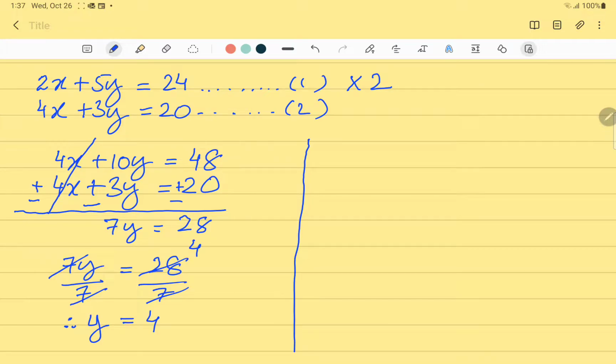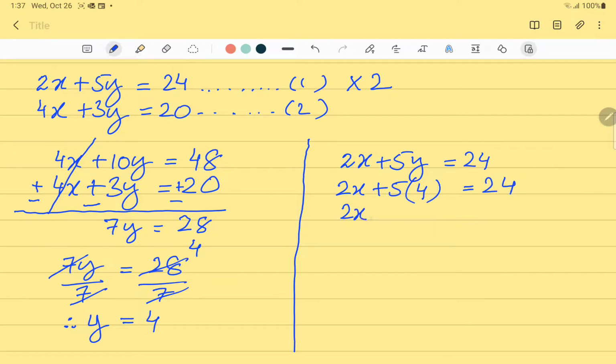What is our equation number 1? It is 2x plus 5y is equal to 24. We substitute the value of y in this, so we will get 2x plus 5 into 4 is equal to 24.